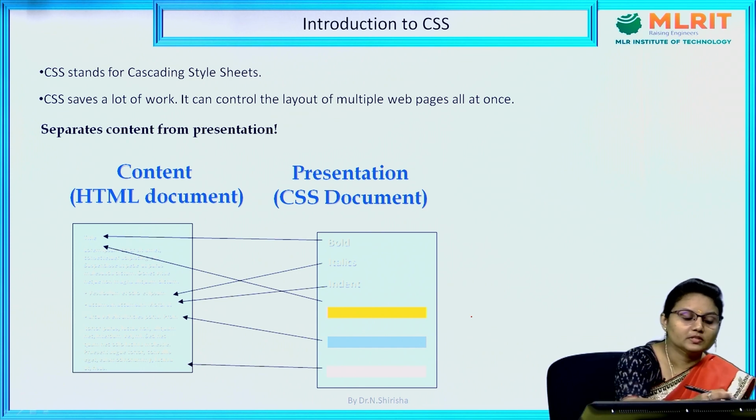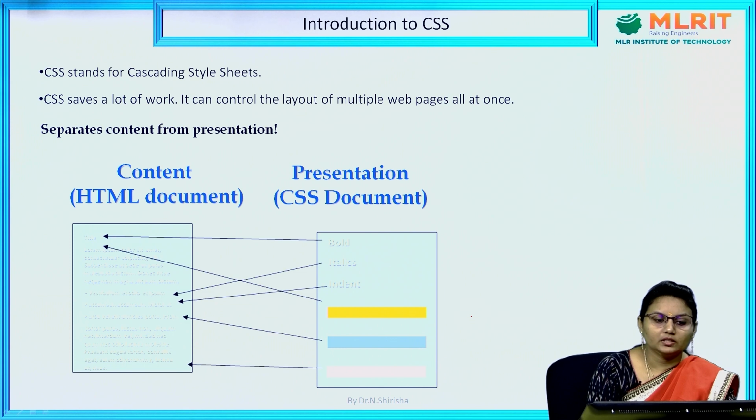CSS saves a lot of work and controls the layout of multiple web pages all at once. Whatever web pages you are going to design, you can give the styling for all of them. It can control the layout.